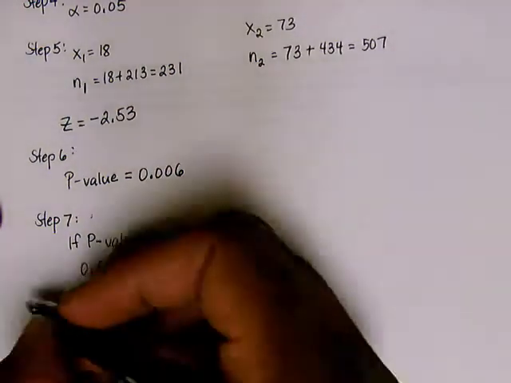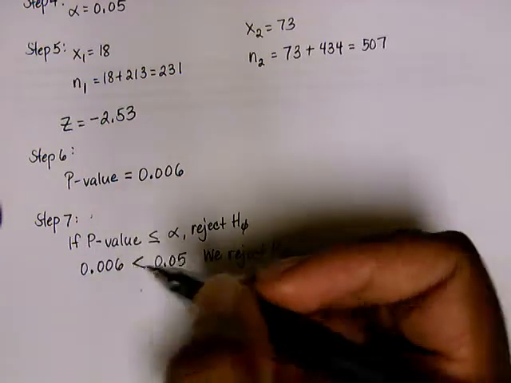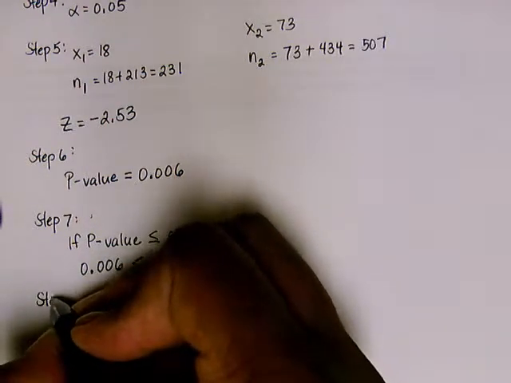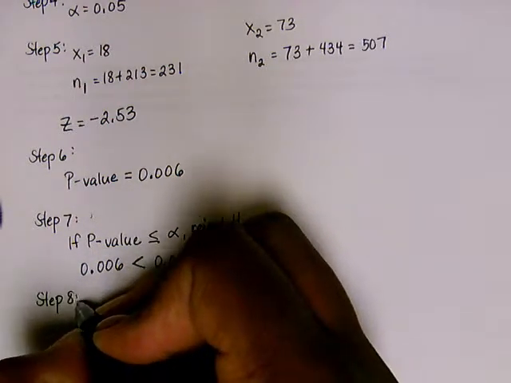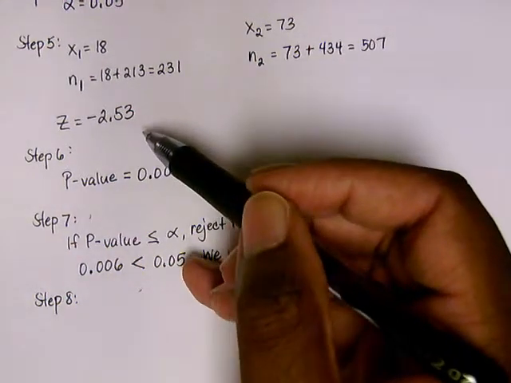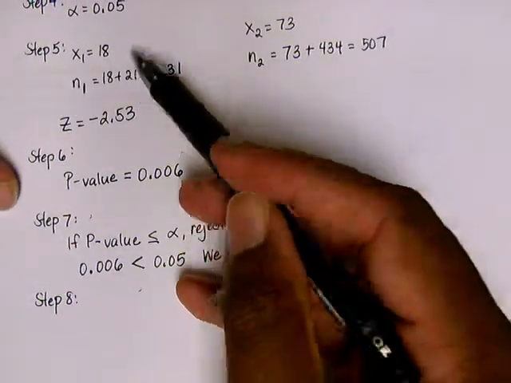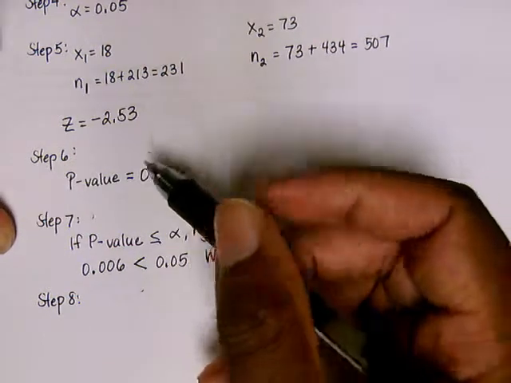Step number 8 is writing the conclusion statement. We rejected the null, and the claim was the alternative hypothesis.